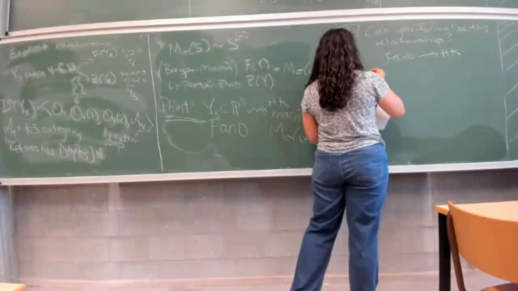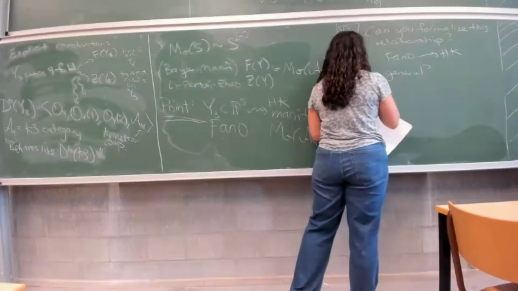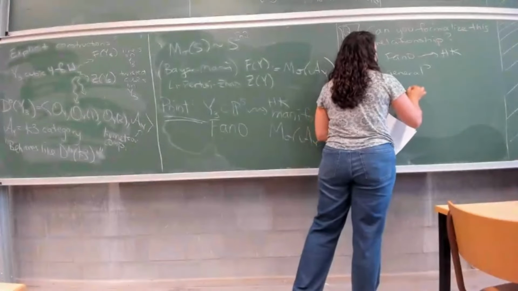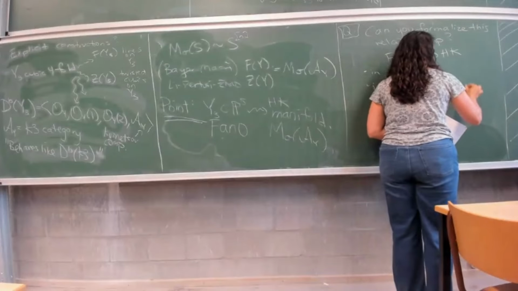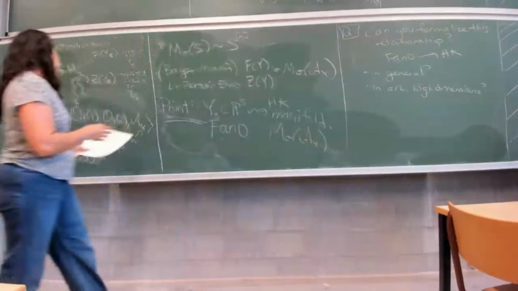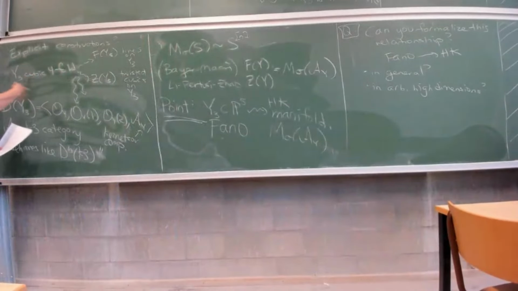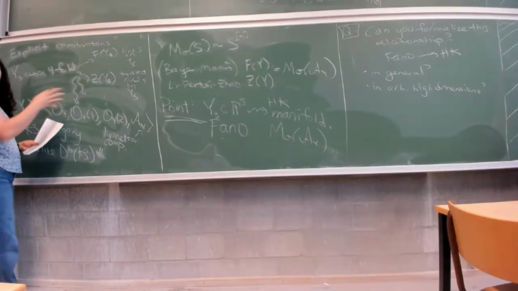In general, and also in arbitrarily high dimensions. Somehow here you're always starting with this fourfold, and you do something to it, but that limits the options you can produce.